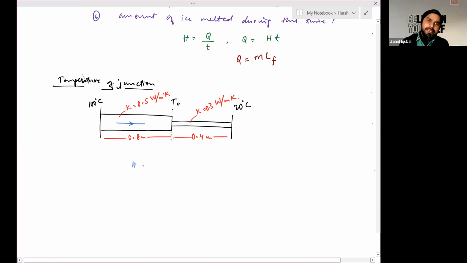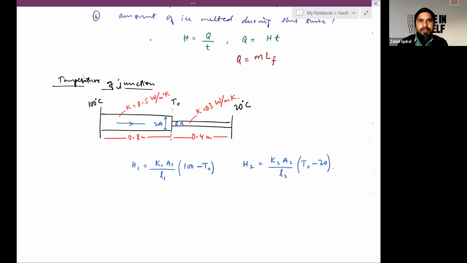So H1 is equal to K A by L times temperature difference, 100 minus T naught. Let's say area of this particular part is twice of that of this area. So heat current in second part, we have K A by length, temperature difference T naught minus 20.